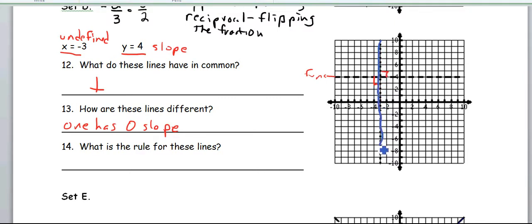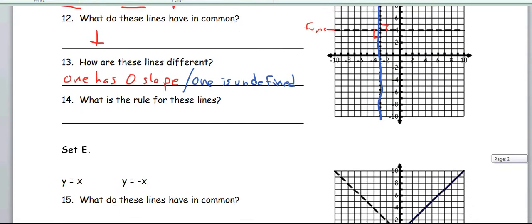It is a vertical line, not a function. So, one is undefined. So don't tell me that this one here has no slope. You tell me it is undefined. Don't tell me this one here has no slope. You tell me the slope is 0. We don't talk about things having no slope.